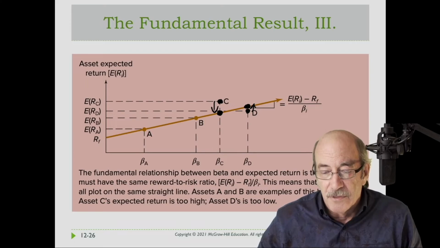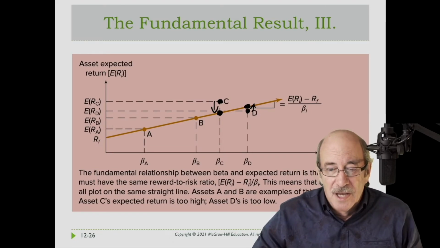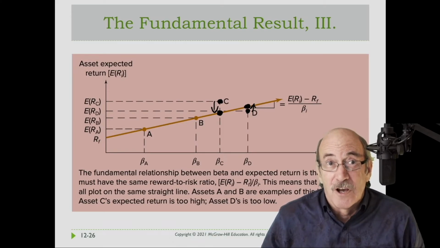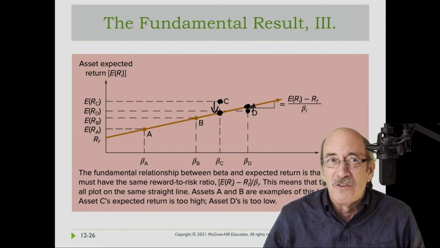Now there are some nitty-gritty details in here that we're going to wave our hands at, but ultimately no asset actually ever gets off the line according to theory. There are always slight adjustments that we all make because we all see these changes. Well, yeah, that's all theory.